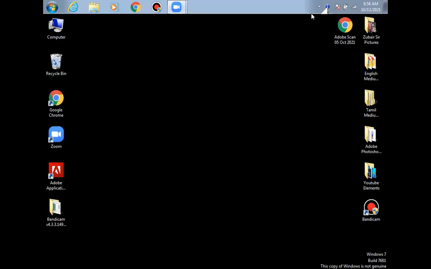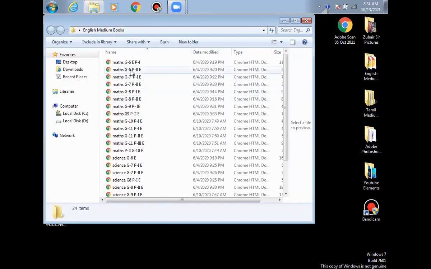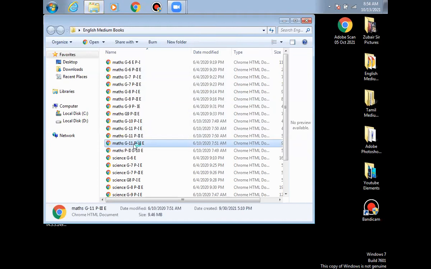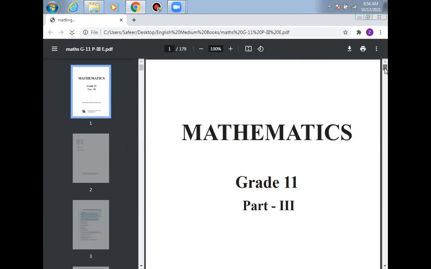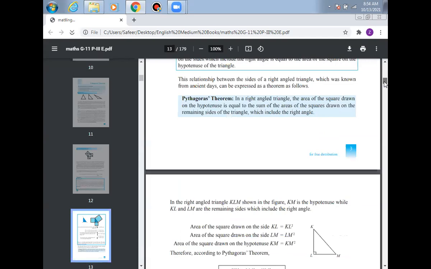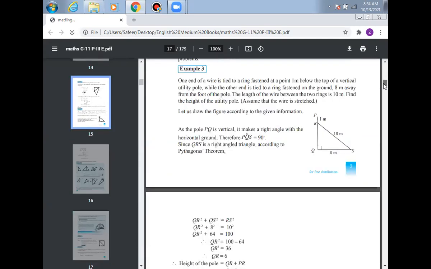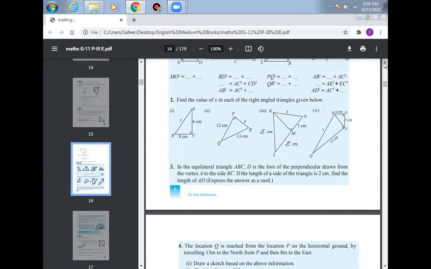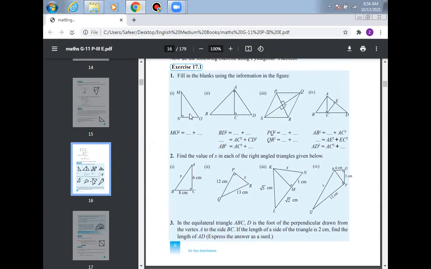So see the question number 1. So this is the first diagram.